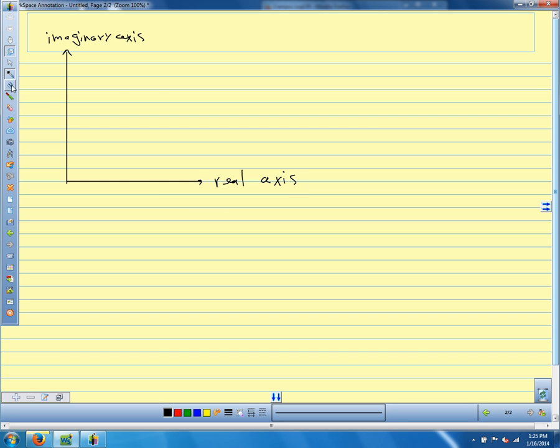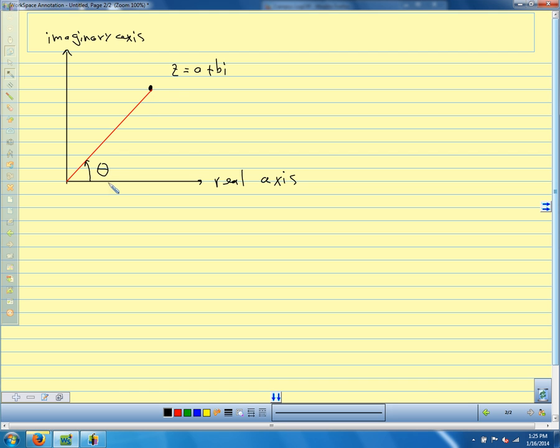And I'm going to plot this point z equals a plus bi up here. And I'm going to draw this length here. And we're going to talk about this angle from the positive x-axis in standard position, just like we did when we talked about trigonometry, just like we did when we talked about vectors.